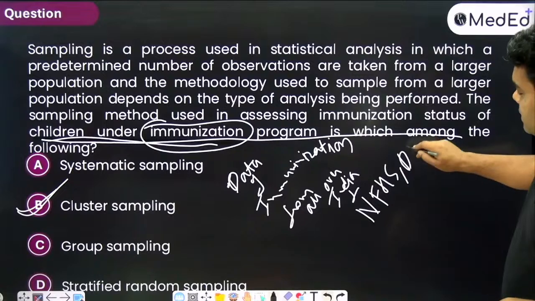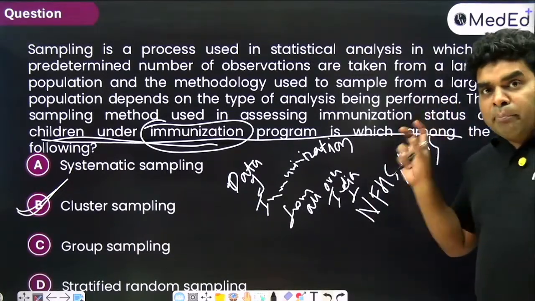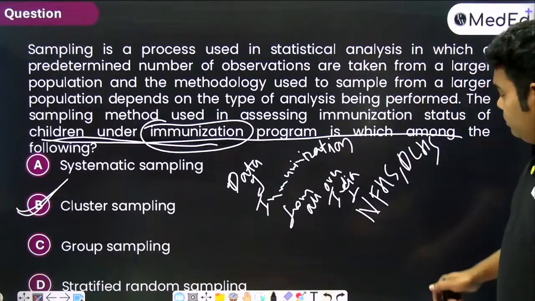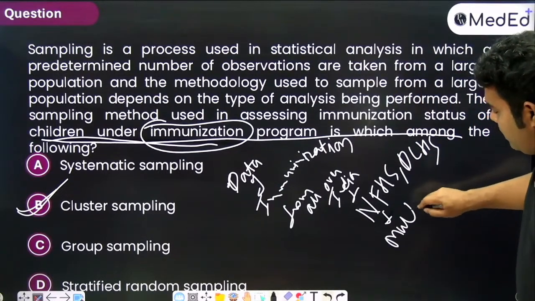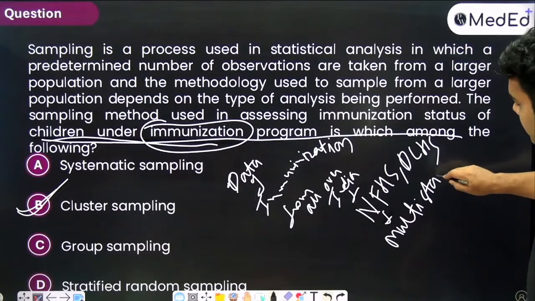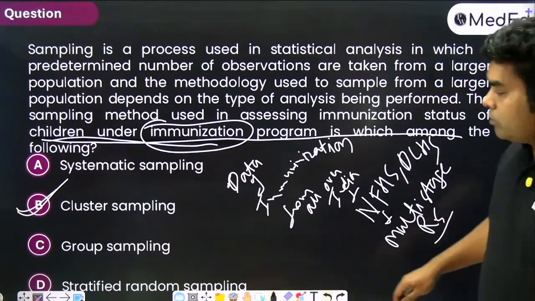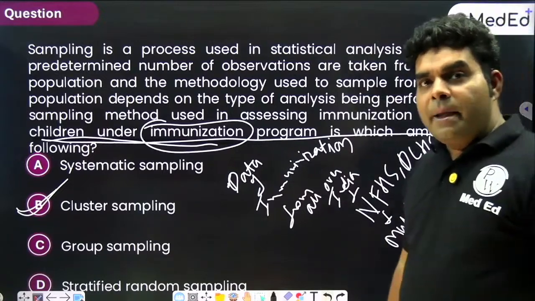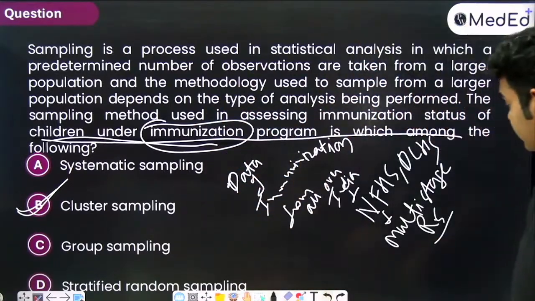NFHS, DLHS give us immunization data about the whole country. They don't compare 2 parts, they just collect data from the whole. And how are NFHS, DLHS done? They are done by multi-stage random sampling. So if they ask how the data of immunization is collected from India, it is collected by multi-stage random sampling.